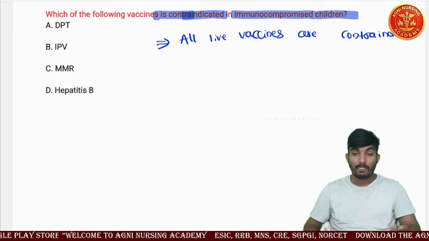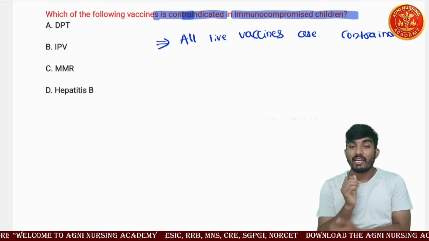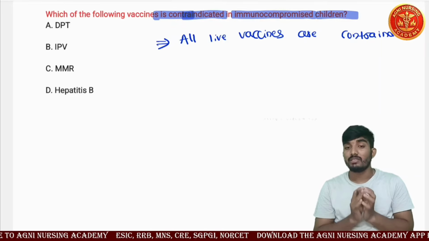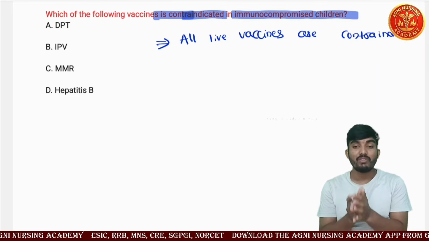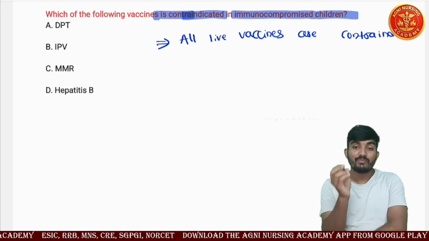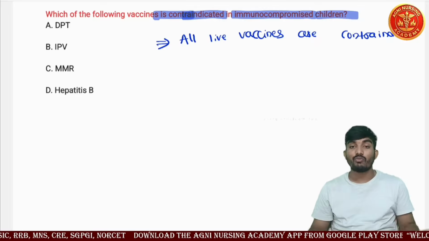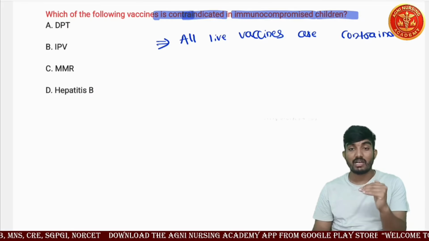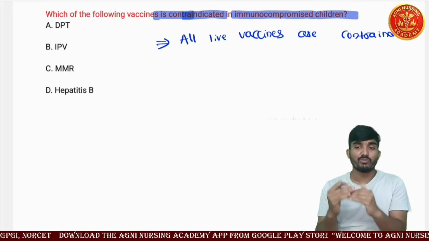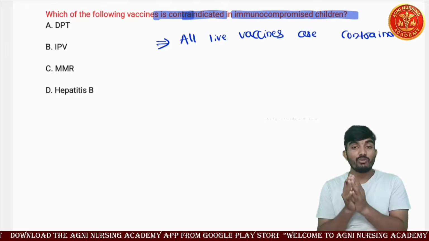All live vaccines are contraindicated because the live strain which we administer to the child is a serious risk, since the immunity is already low. If we give a live vaccine, there are chances of severe infections, because the immunity level will decrease.